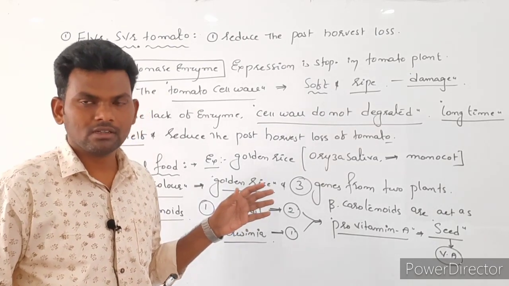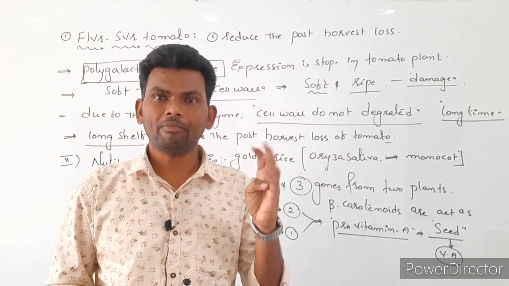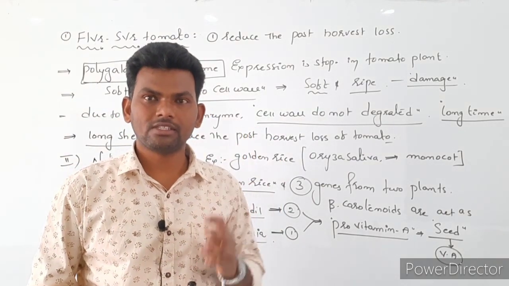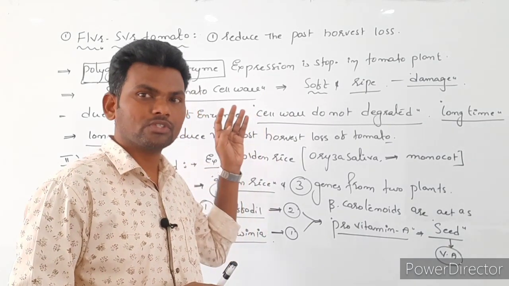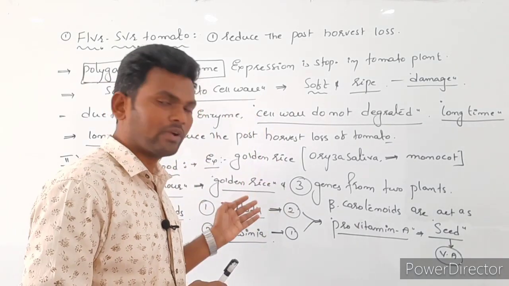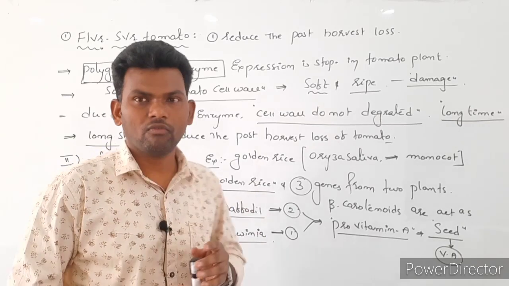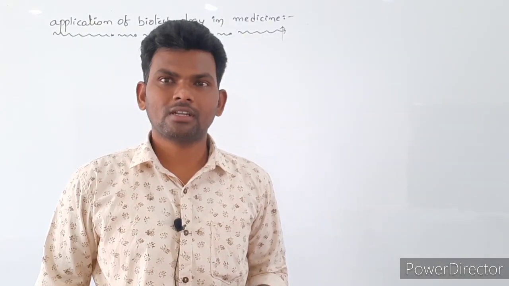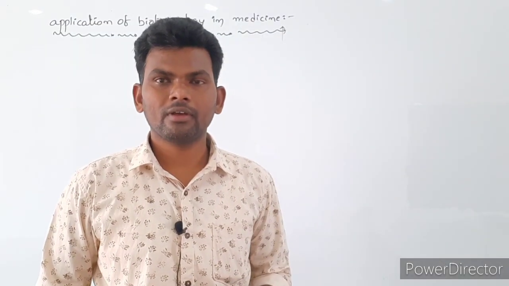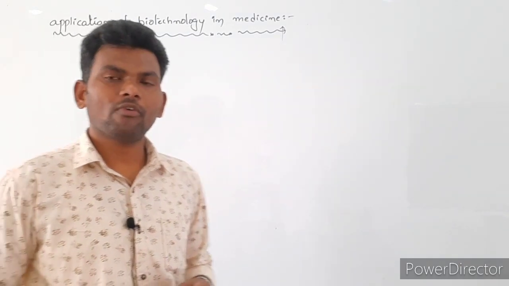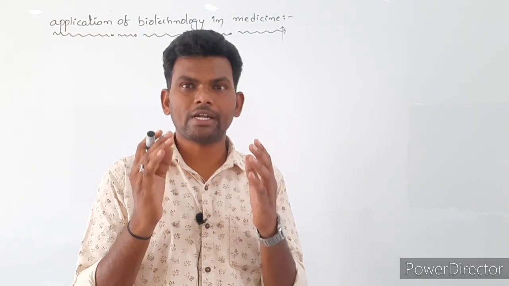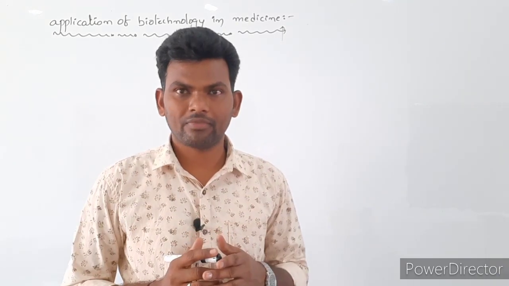Like what we discussed: first Bt cotton, second RNA silencing, third reducing the post harvesting loss, and fourth nutritional food. Application of biotechnology in the medical field. Here by using rDNA technology we can prepare large amounts of efficient and safe drugs.